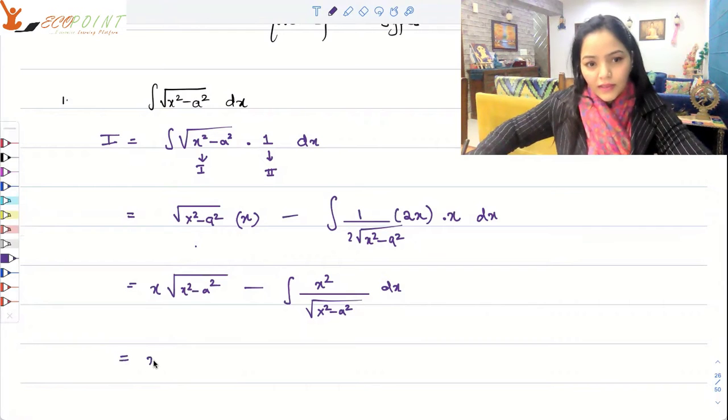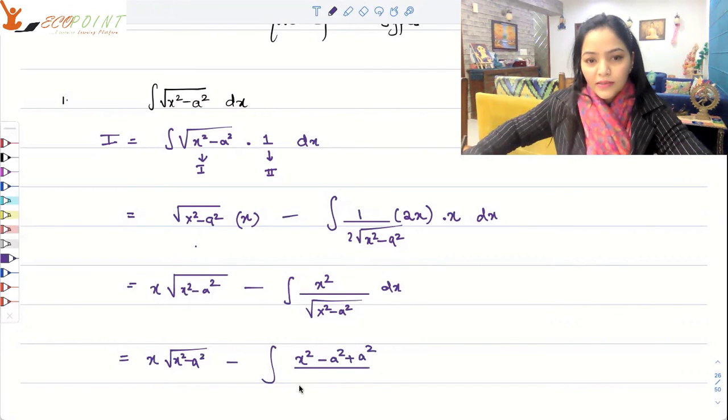So this is clear. This is x into square root of x square minus a square minus whole integral x square minus a square plus a square. I'm going to add and subtract a square, and I have square root of x square minus a square here.